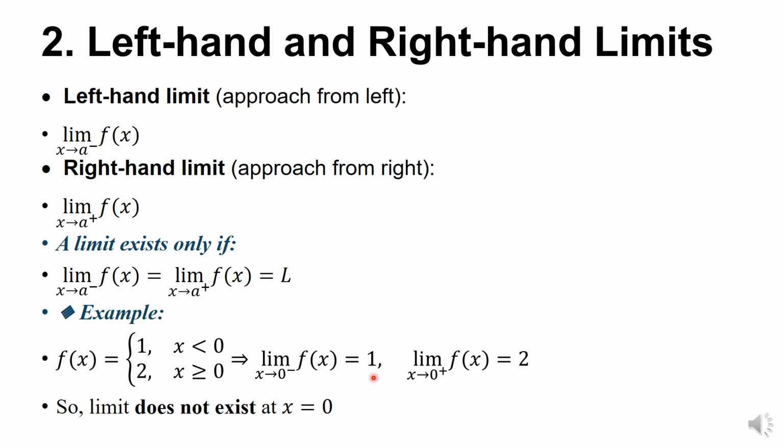The same process applies if we find the limit on the right hand side. Now you can see here x greater than or equal to 0, it means the right side equals 2. So the limit does not exist at x equal to 0.